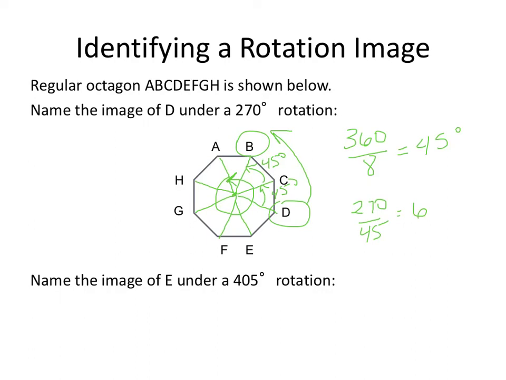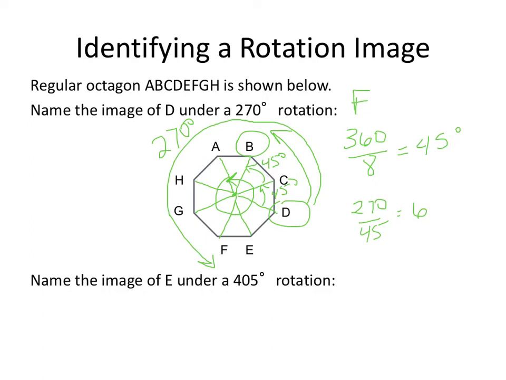And so we can count 6 over. 1, 2, 3, 4, 5, 6. So a 270 degree rotation would make point D lie atop F. So the image of D under a 270 degree rotation is F.